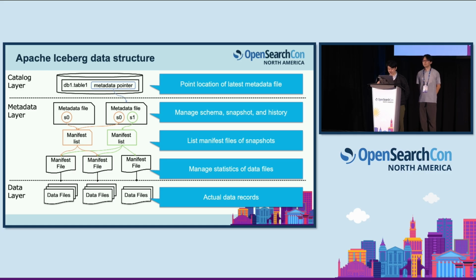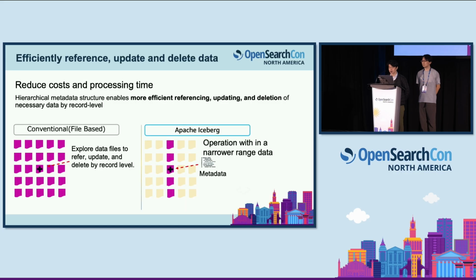I won't go into the details today, but this structure enables Iceberg to achieve its efficient and convenient functionalities. I will explain these functionalities next, the three functionalities of Apache Iceberg.